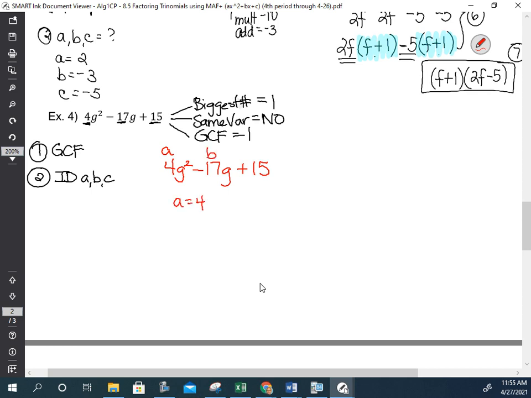The B is in front of the g, so B is negative 17. C is the number with no letter attached to it. It's 15. We know our A, B, and C. Any questions before we continue?